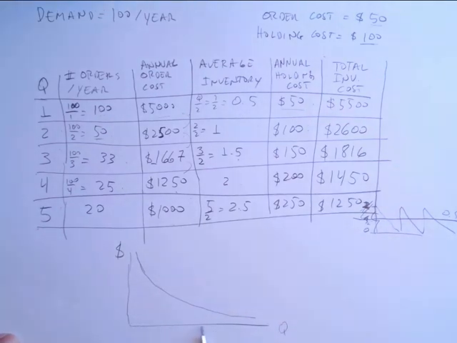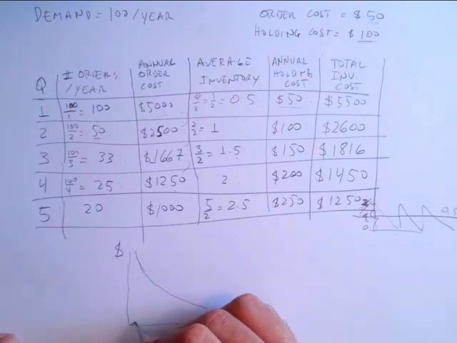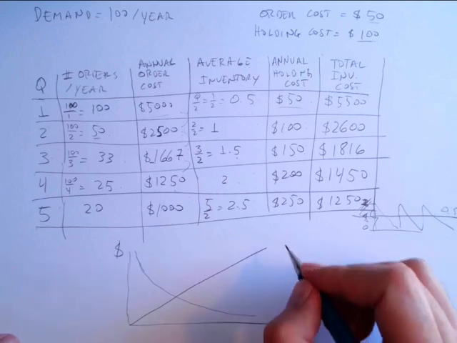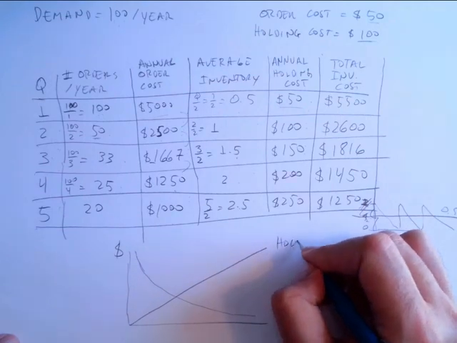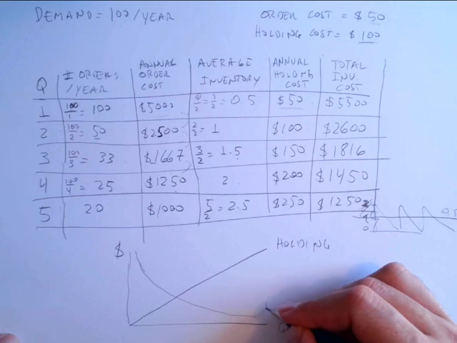Actually, for every unit that I increase in the quantity, right? So it's increasing in a linear form. Okay, so for every 1 here, 0.5 here, 1 here, 1.5 here. Okay, so this is the holding cost, and this is the ordering cost.